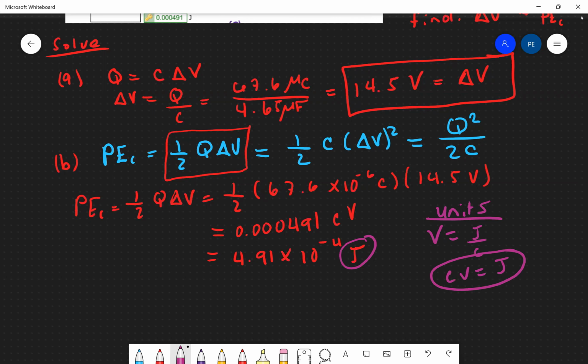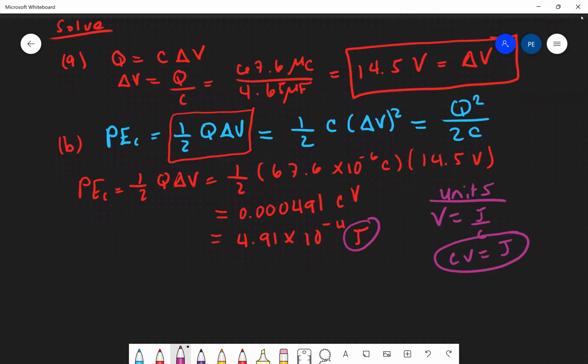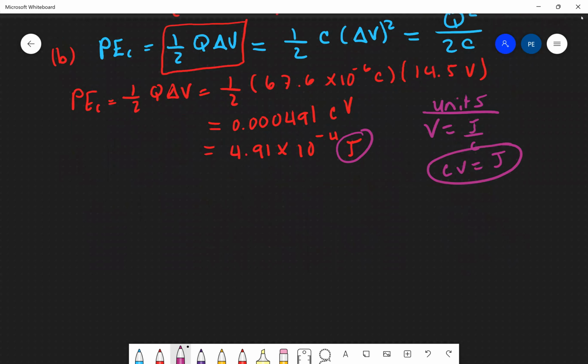So those are two very different ways to do that. We could also solve this same thing by using a different equation. We can say that the potential energy in the capacitor, using the other equation, is equal to Q squared over 2C.